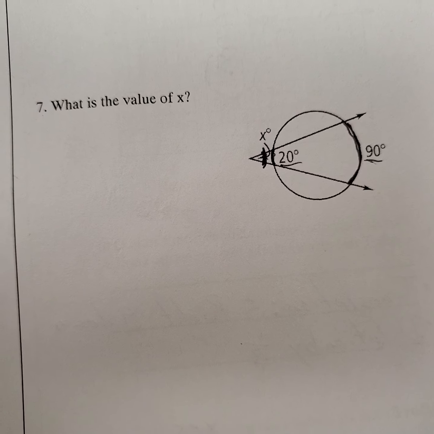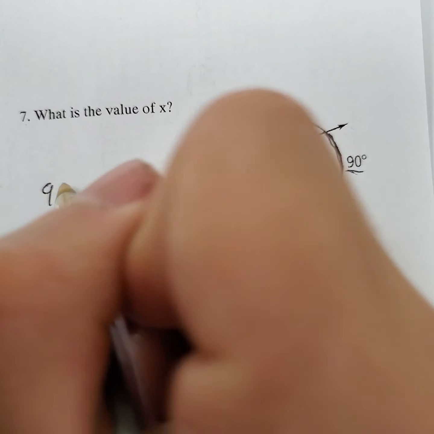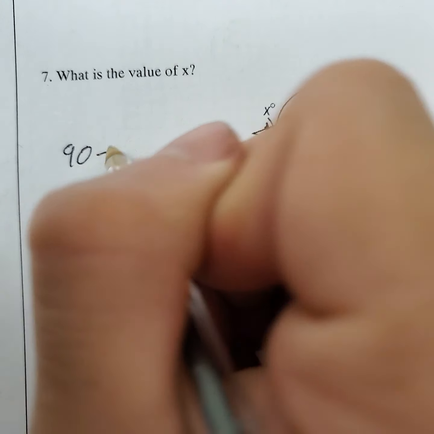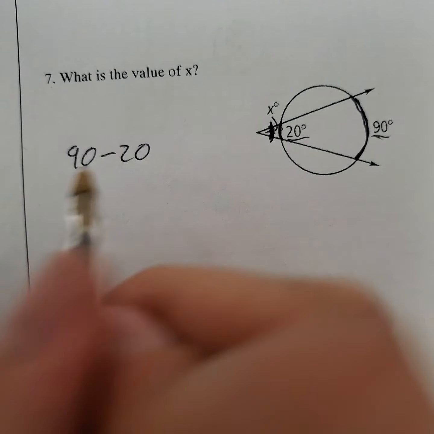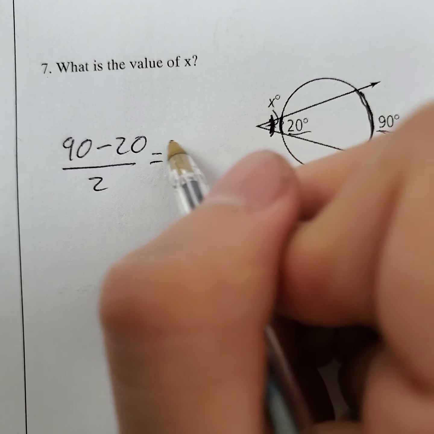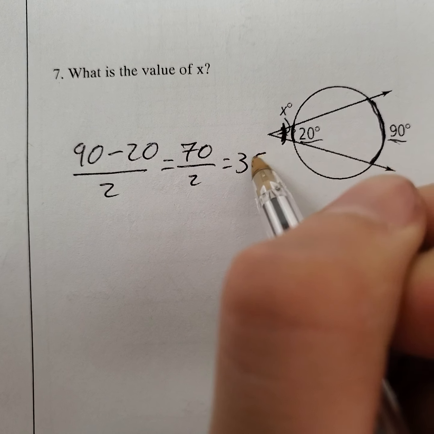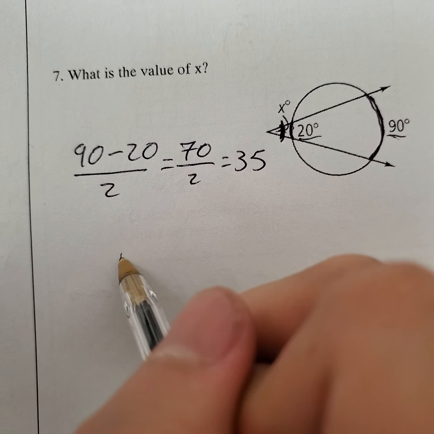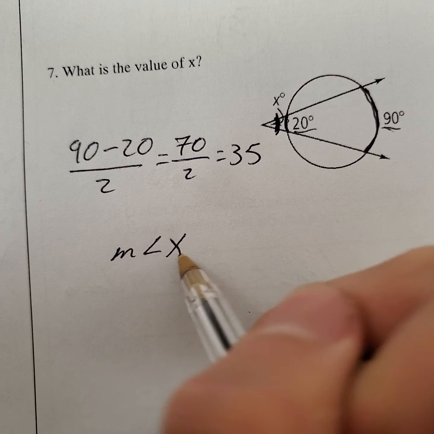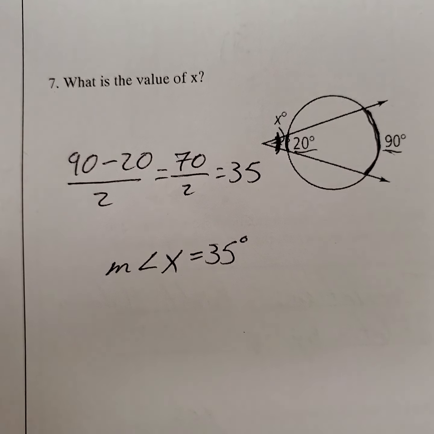Instead of adding, we need to subtract them. 90 minus 20 and then dividing by 2. Well, 90 minus 20 is 70, and 70 divided by 2 is 35. That means that the measurement of angle X is 35 degrees.